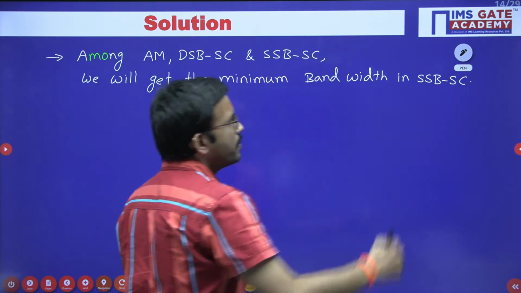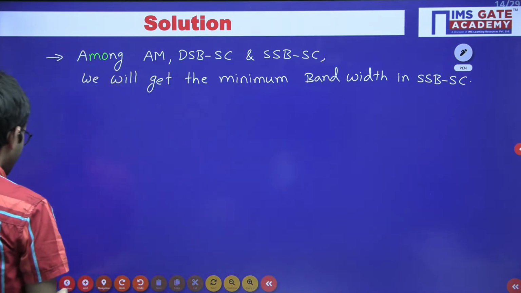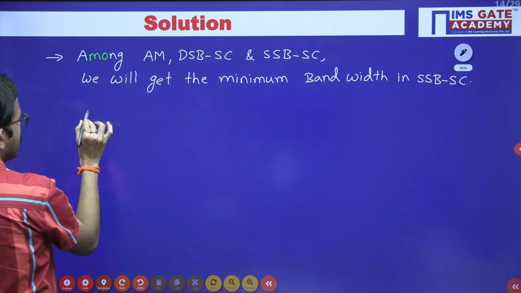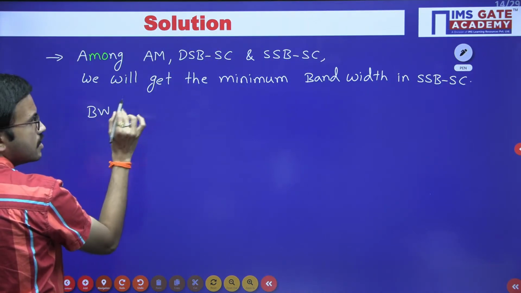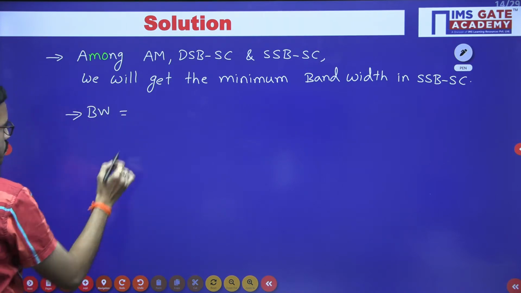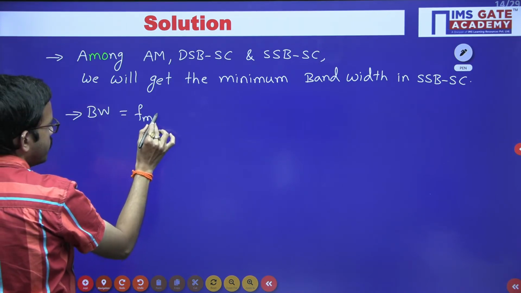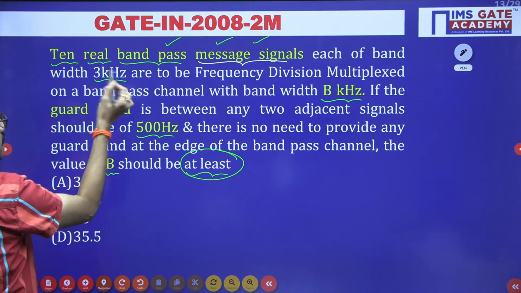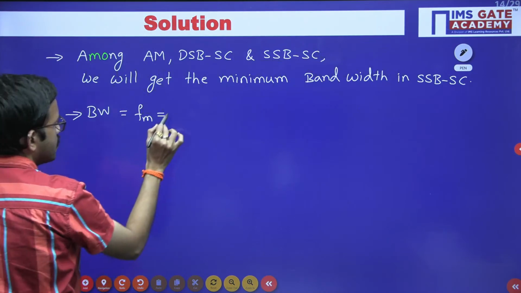In this question you have 10 signals. First, let us calculate the bandwidth of an SSBSC signal, which is nothing but fm. They have mentioned the bandwidth of each signal is 3 kHz.